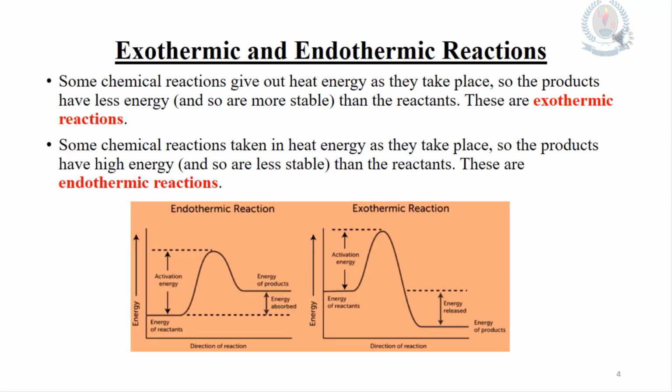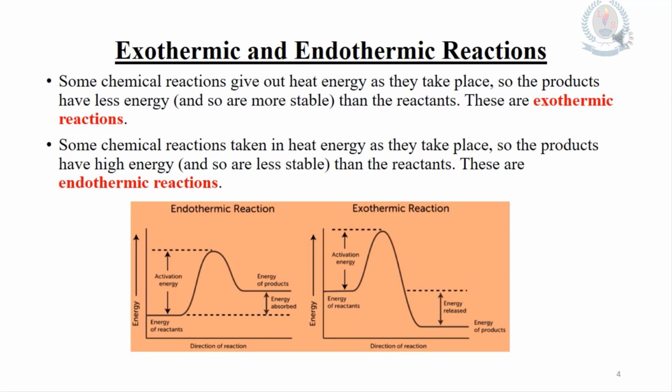In this lesson, first we will discuss what an exothermic reaction is and what an endothermic reaction is. Some chemical reactions give out heat energy as they take place. So the products have less energy, or we can say the products are more stable than the reactants.